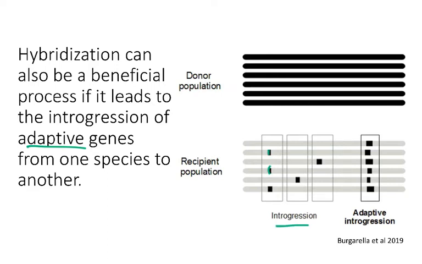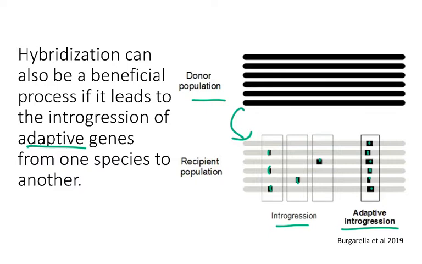The black regions are introgressed from this donor population into this recipient population. Overall, introgression is relatively rare, but if it's adaptive introgression, that actually means it's going to be more widespread in the population because it's beneficial. So selection is going to act to have it become more prominent in the population.